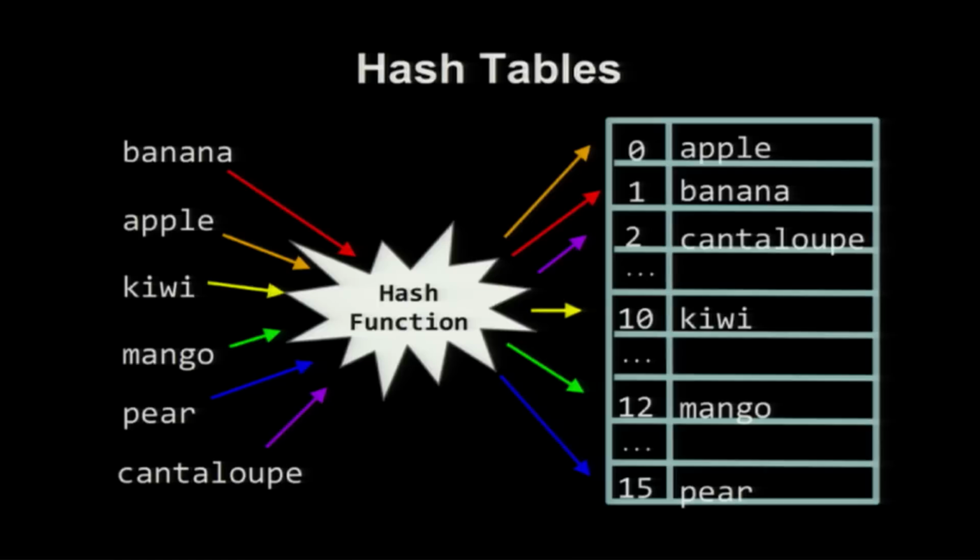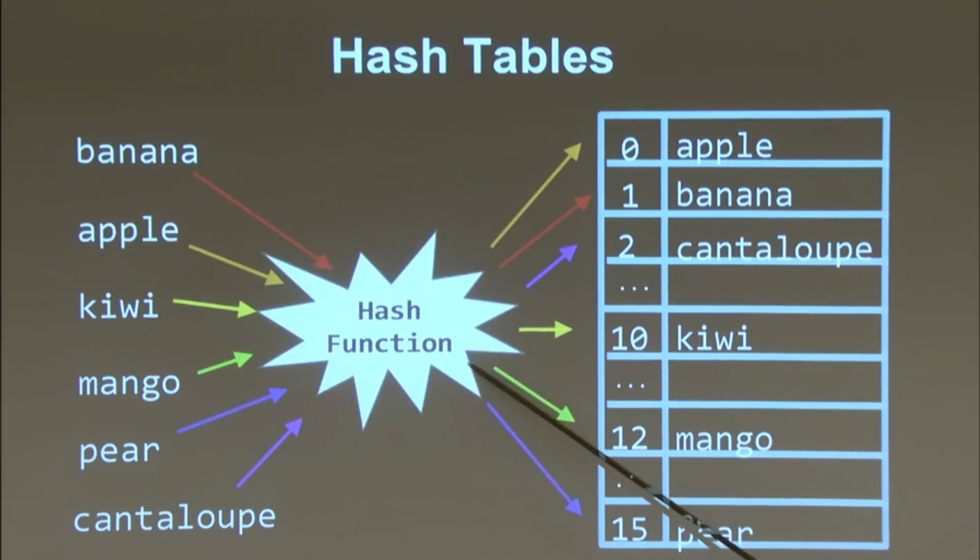But basically all a hash table is, is a hash function that tells you which bucket to put each of your data, each of your elements in. So a simple way to think of a hash table is that it's just buckets of things, right?